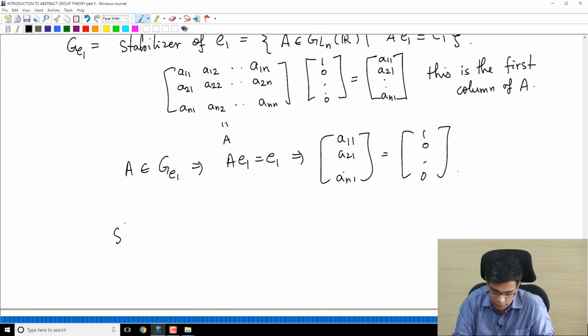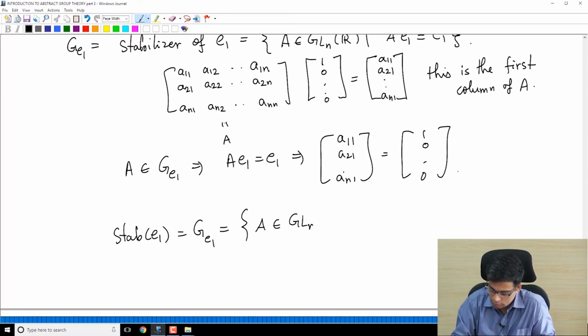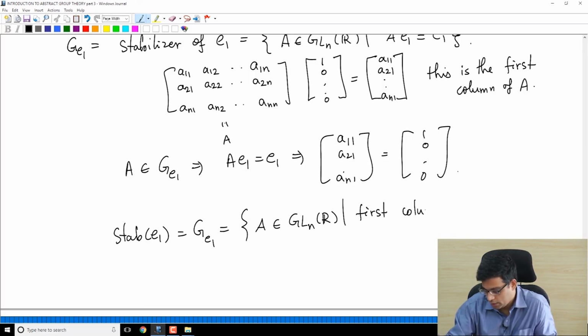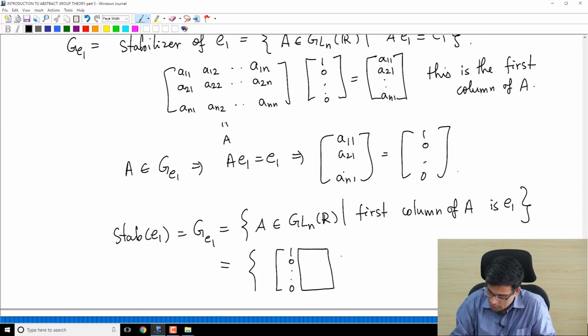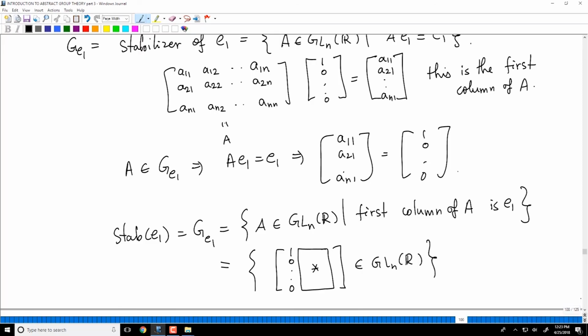So the stabilizer of E1, or GE1, is matrices such that the first column of A is E1. More clearly, it would be all matrices of this form. The first column will be E1 and the rest is anything. This part is arbitrary. Of course, it must be something in GLn(R), right?